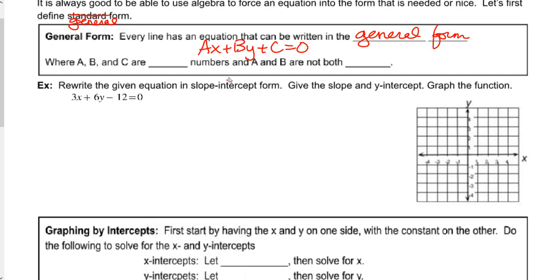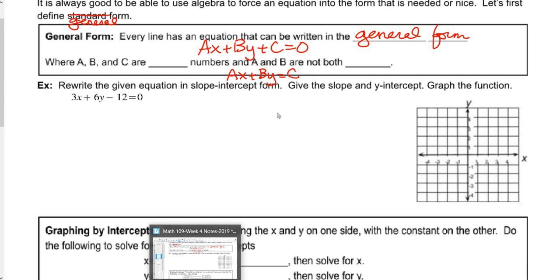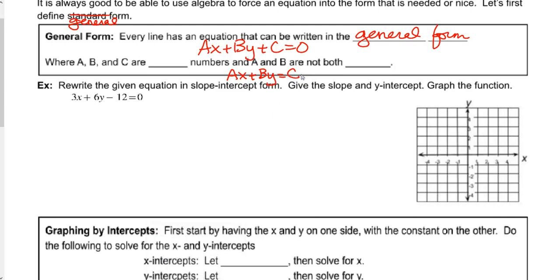In other books I found, and you don't have to write this down if it's going to confuse you, that general form or standard form is equal to this, okay, where the constant is over here on this side. So know that there are differences there, but that's okay. A, B, and C are going to be real numbers, and A and B are not both 0, okay?